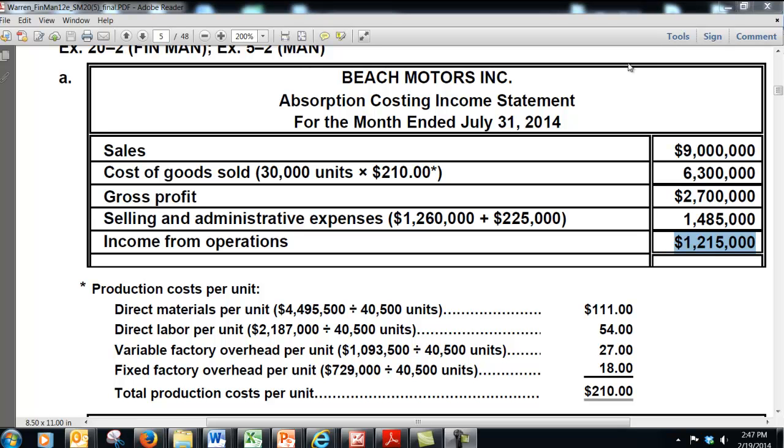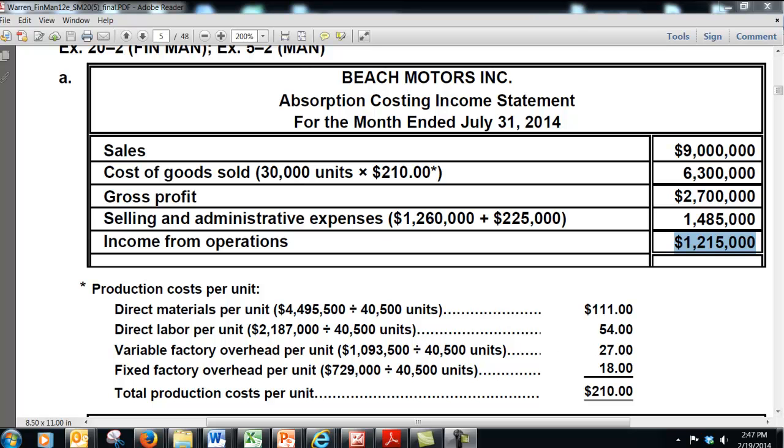Now, before we even assemble the variable costing method income statement, I can even tell you what the answer is going to be. Okay, so we sold 30,000 units and we produced 40,500, right?